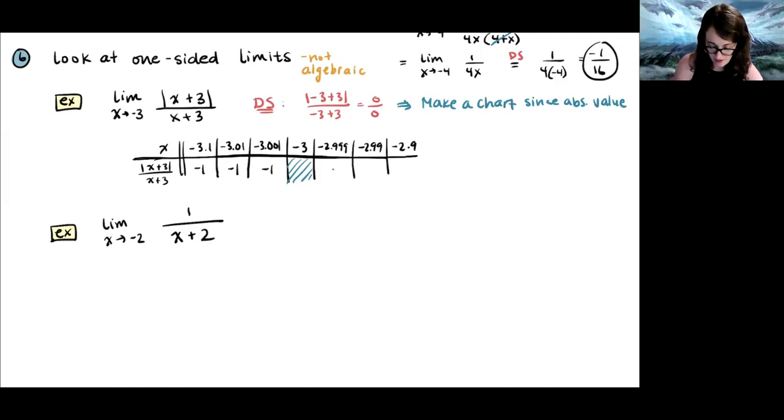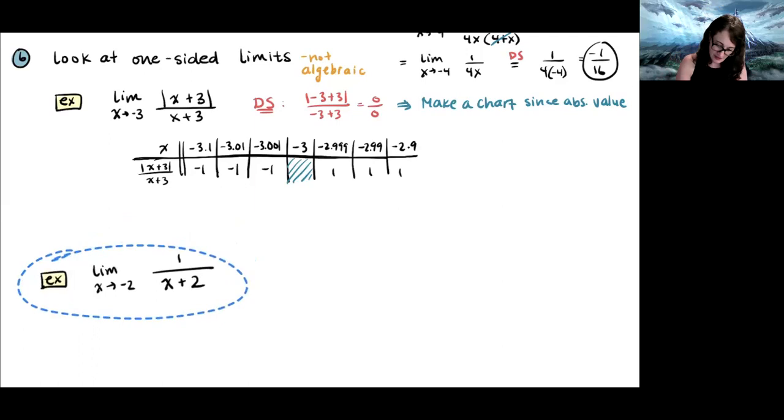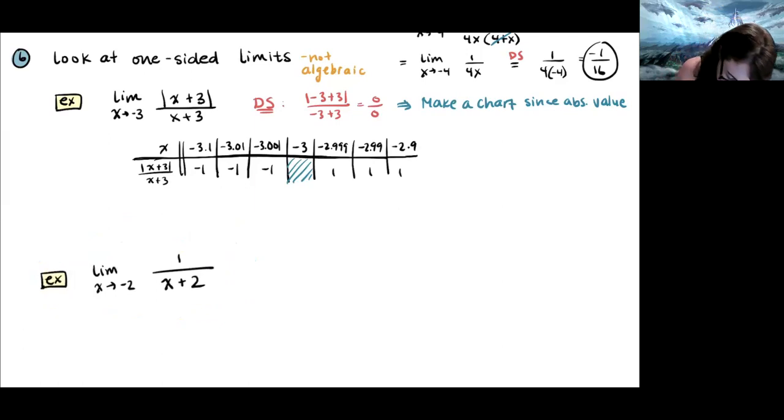And then from the other side, you get +1. So this is the case where the two one-sided limits are doing different things. Let's just move this down here so we can actually note that, right? So from the left-hand side, and practice our notation: the limit as x approaches -3 from the left.